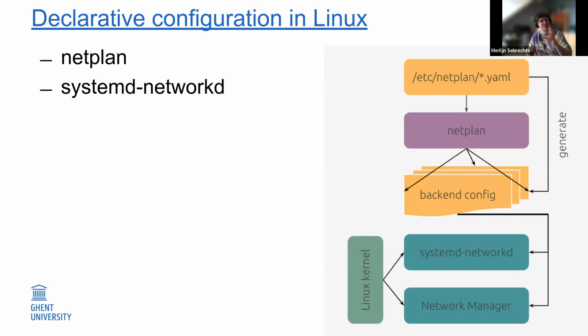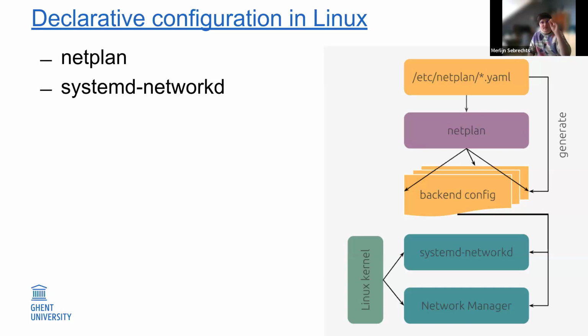The main difference between NetPlan and systemd networkd is that NetPlan is, I would maybe call it, a cross-platform tool. systemd networkd is used mostly on servers, while most Linux laptops use tools like Network Manager.